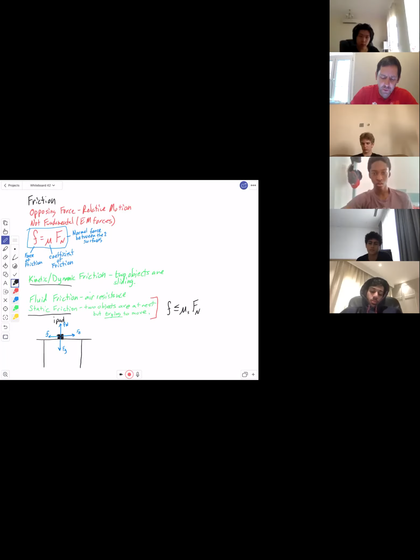Let me just draw a picture for you right here. Friction works because surfaces, even if we feel like it's a really smooth surface, at the atomic level, surfaces are not smooth. Surfaces are rough. They look kind of like this guy up here at the top where this is the surface, and it is kind of rough.